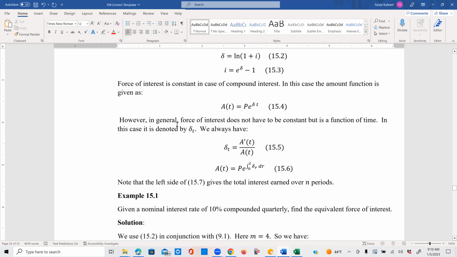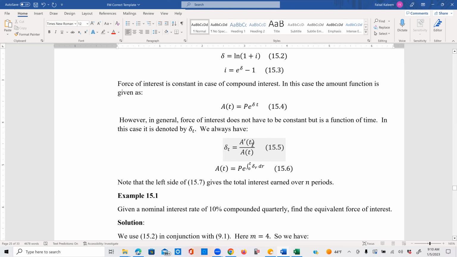Now, in general, force of interest does not have to be constant, but it's a function of time. So in that case, we denote it by delta subscript t. Now, we always have this equation 15.5. So force of interest of any amount function can be obtained by taking the derivative of the amount function and dividing by the amount function.